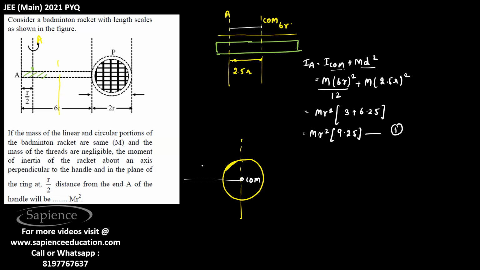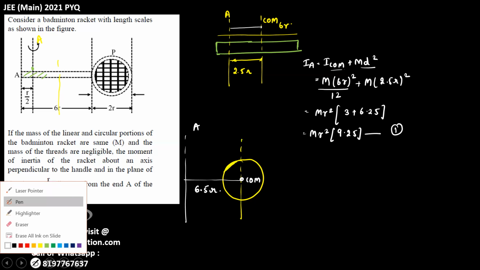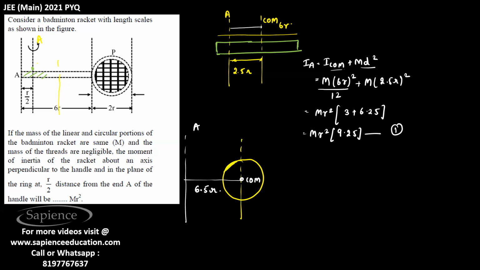We have to shift it to axis A, and from here its center is at r plus 6r, so 7r, but minus 0.5r, that means 6.5r. You can see that from here to here this is actually 6.5r.